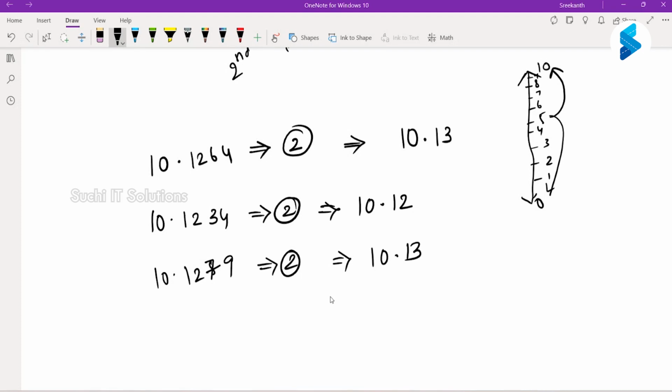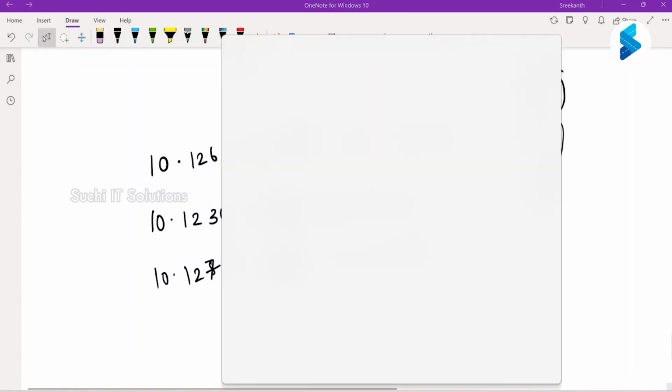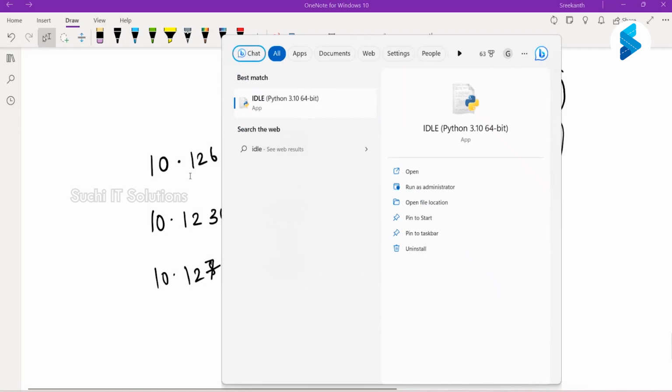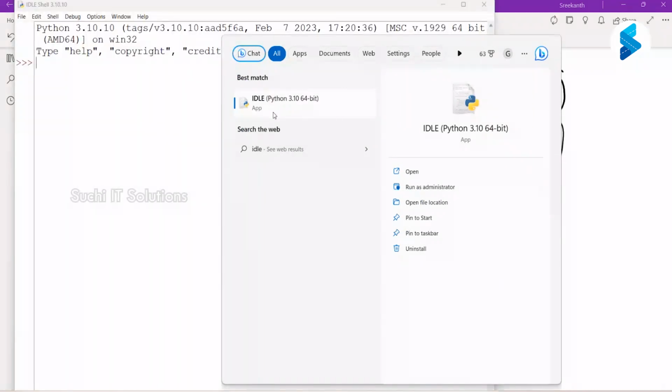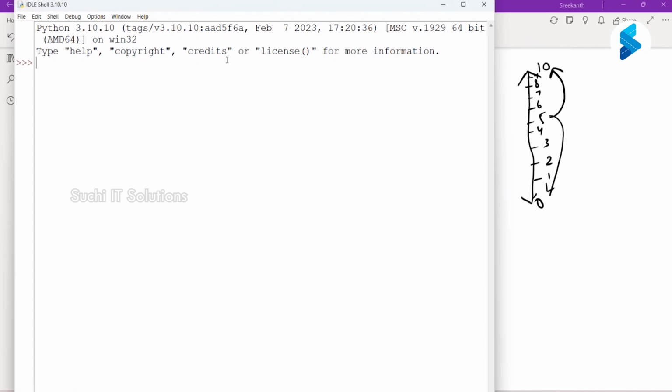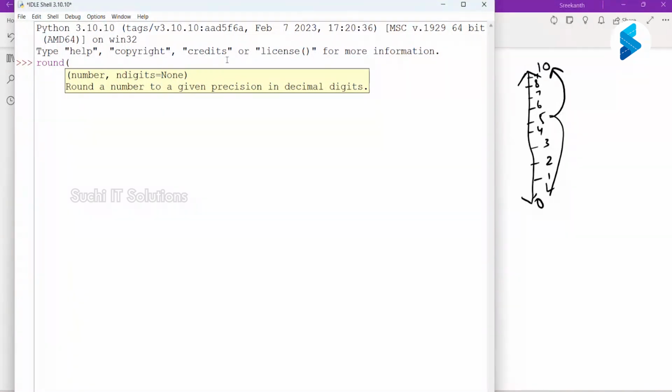Okay, so let's try that. Round is a function which takes 2 parameters. What is the number?